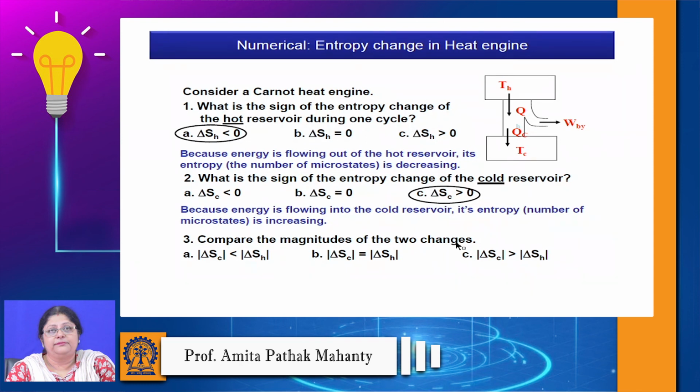So, since the heat is given out of the reservoir, the entropy is supposed to be decreasing because the number of microstates is going to decrease. So, whenever you are talking about a decrease in temperature, automatically the amount of disorderedness is also decreasing, and the disorderedness is related to the disordered positional distribution of various microstates in space.